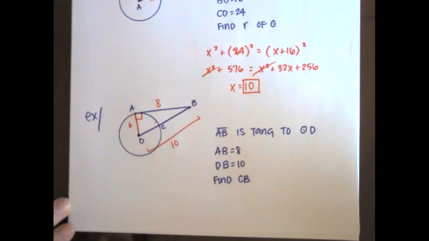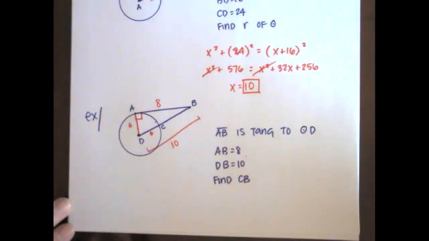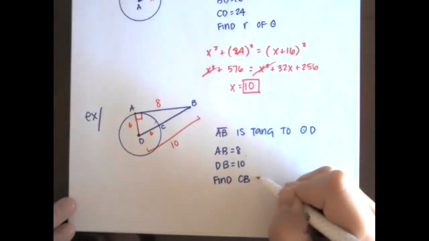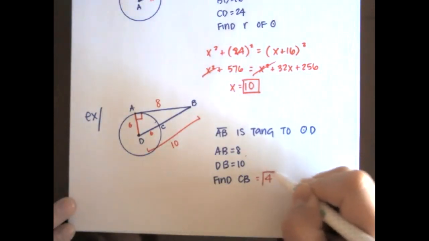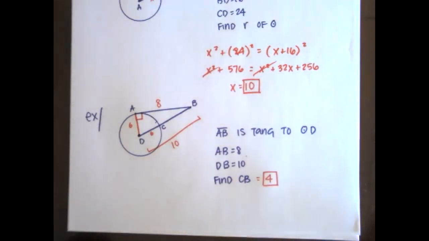AD is a radius. DC is also a radius. So that makes this 6. So that makes CB 4.